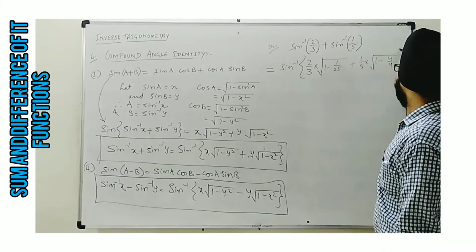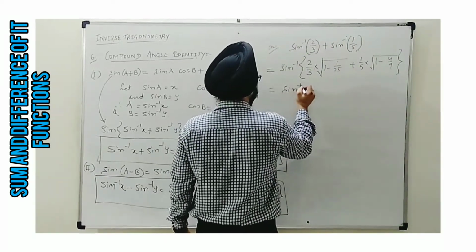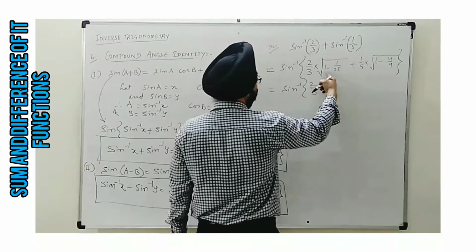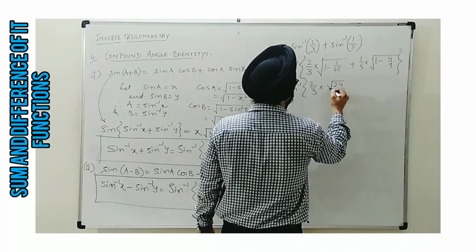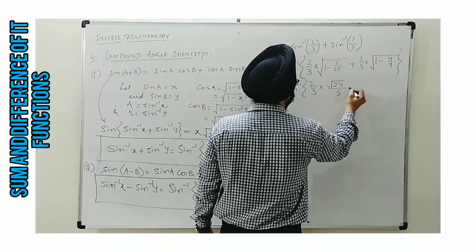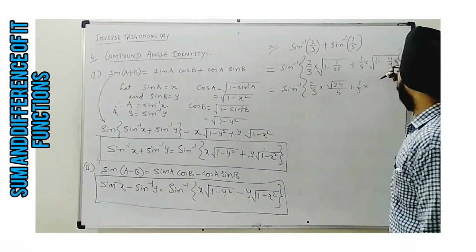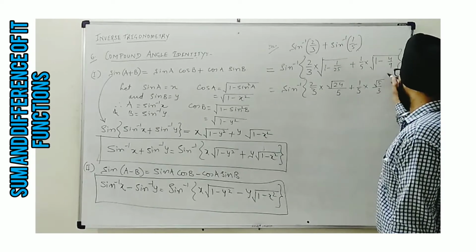by 9. This way we have to simplify sine inverse 2 by 3 into this, solving 25 minus 1, 24, root 24 by 5 plus 1 upon 5 as it is 9 minus 4, root 5 by 3.